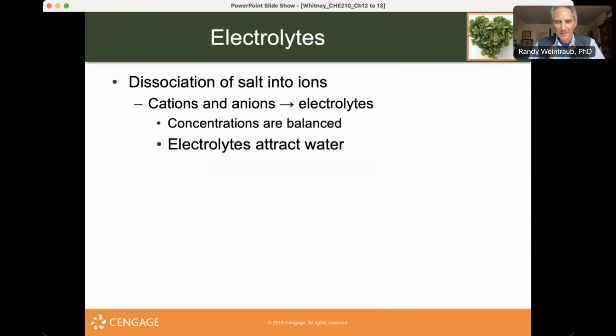A salt, in aqueous media or in water, dissociates into ions, and those are charged particles. Cations, positive, anions, negative; these are electrolytes. They're important to maintain the balance of charges around the body, inside and outside of cells.